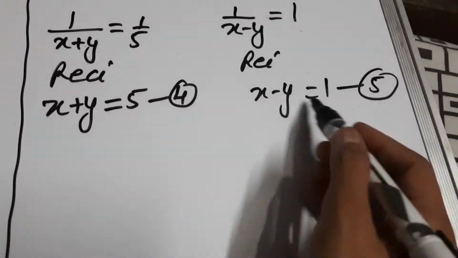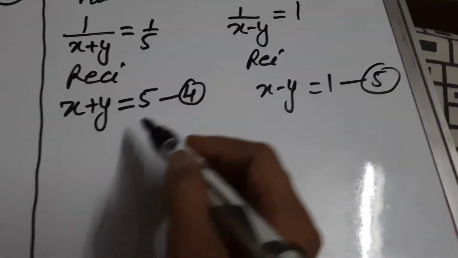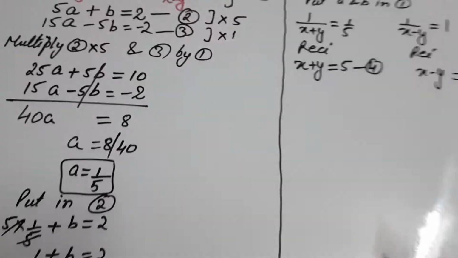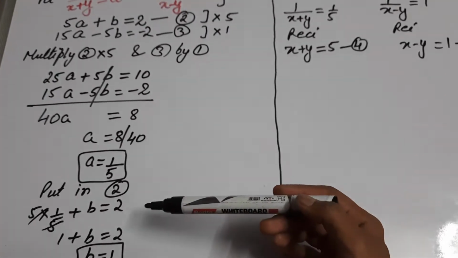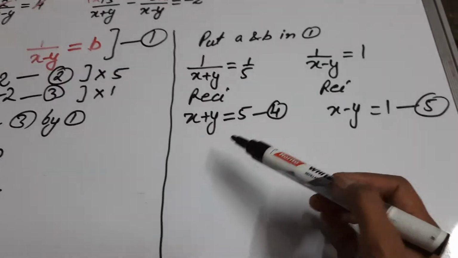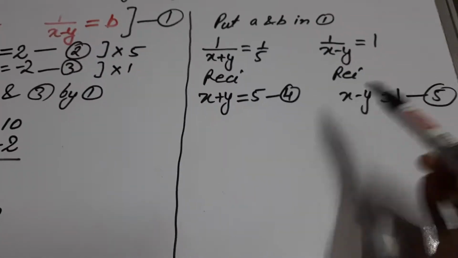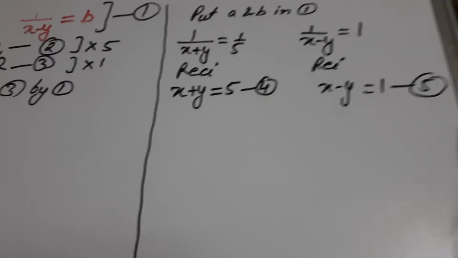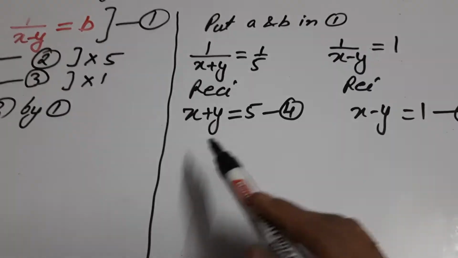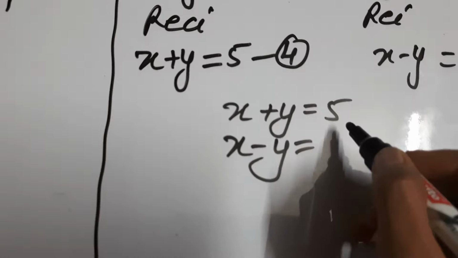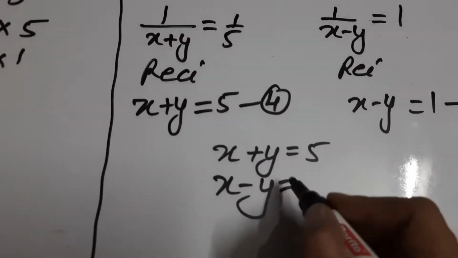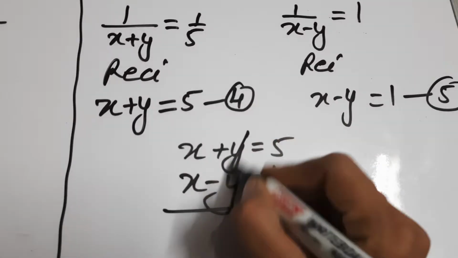So again, we have to use the elimination method. That's why these two questions are different. First of all, we have used the method to find out the value of a. Now we will use any of the method, either substitution or elimination, to find out x and y. So x plus y is equal to 5, x minus y is equal to 1. Coefficients are already same.